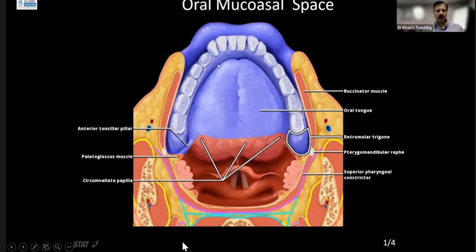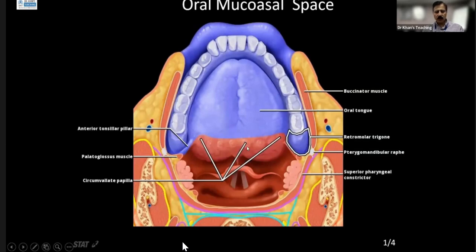Today we are just covering the oral cavity. So if you see this blue line, this is the oral cavity: the tongue, the alveolar ridges, mandibular, and of course the maxillary. These are the cheeks, right?